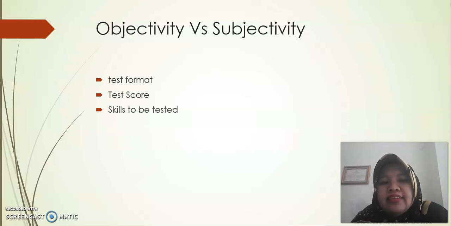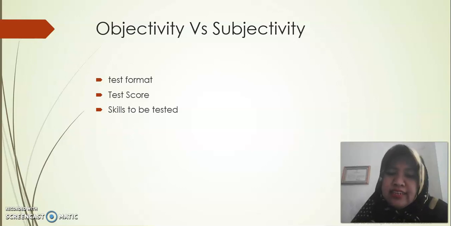And the last is skills to be tested. For objective tests, the skills that are usually tested are listening and reading, where the format is usually multiple choice, true or false, and yes/no questions. And for subjective tests, the language skills usually tested are speaking and writing.